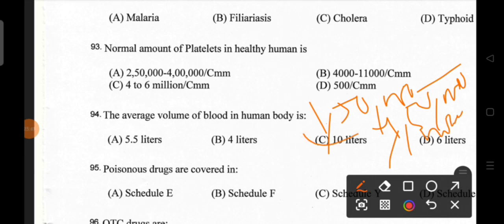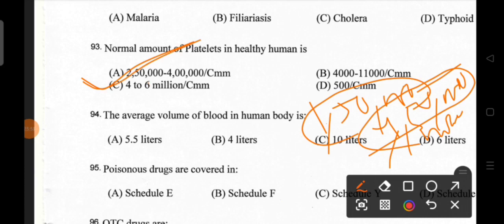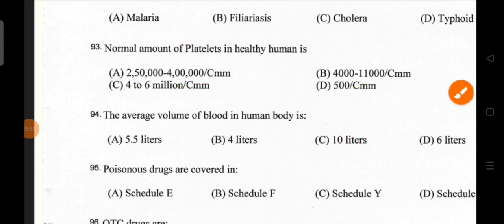So in between these options, A will be the correct answer. 2,50,000 to 4 lakhs is present. So option A will be the correct answer.